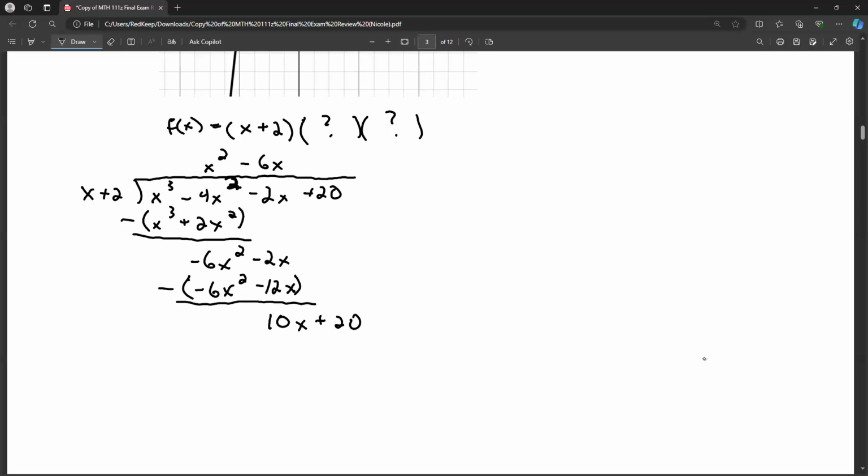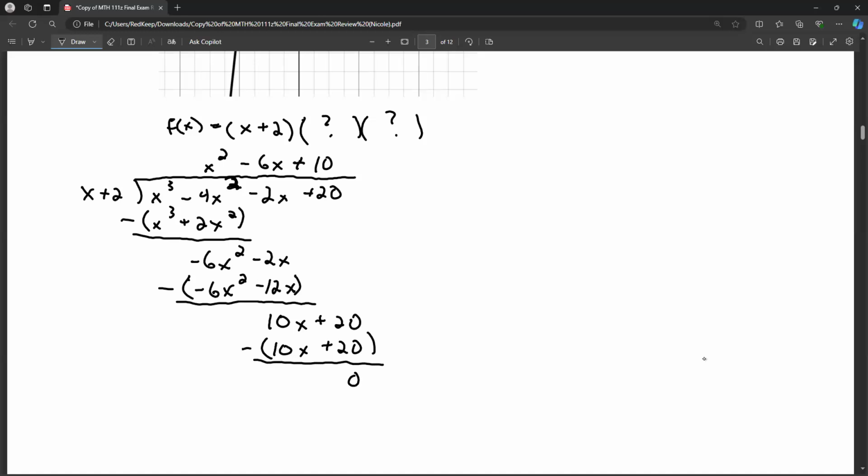Now one last time, what times x is equal to 10x? That is positive 10. So 10 times x plus 2 gives me 10x plus 20. Subtract these, and of course this equals 0, which is what we were after. We knew that x plus 2 did divide this function, f of x.